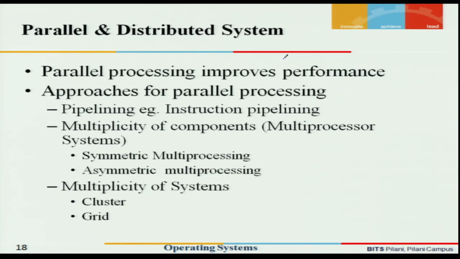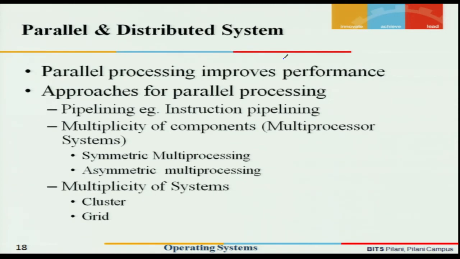The approaches which are at an architectural level, where by introduction of pipelining, for example instruction pipelining, an instruction is executed in a pipeline manner to improve the performance, or multiplicity of components.